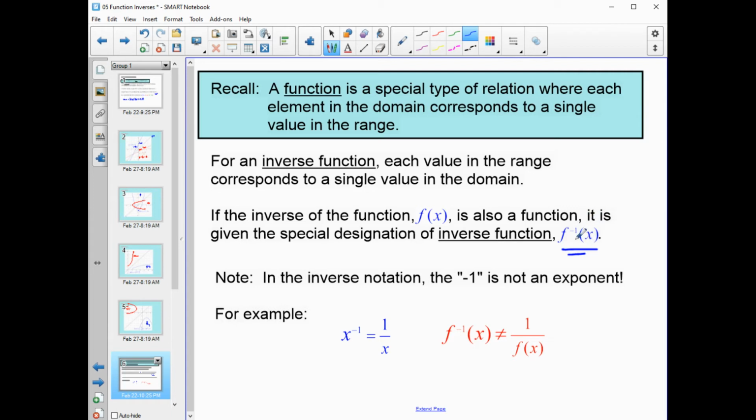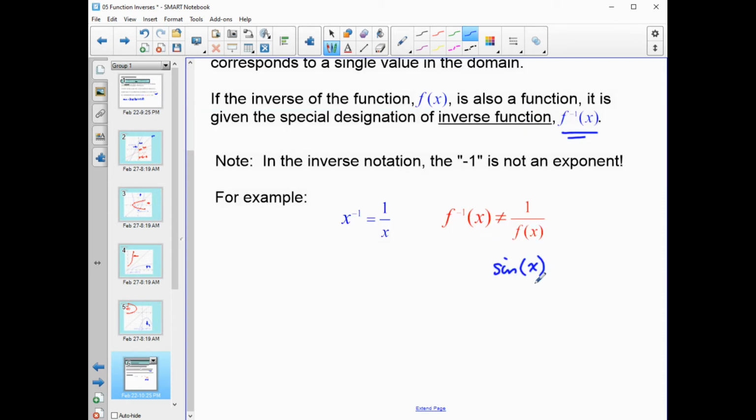You're actually already familiar with this. You might have made the connection already: you learned about, for example, a trigonometric function called sine. You would have learned about that in grade 10. But you also learned about the inverse sine, which had this -1 notation as well. Well, it turns out sine is a function, just a very specific form. f of x we normally use as a general function.